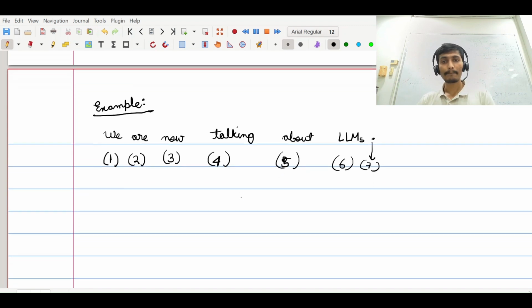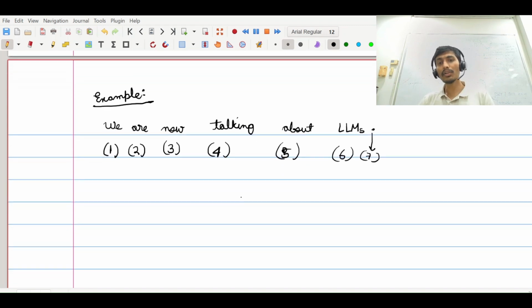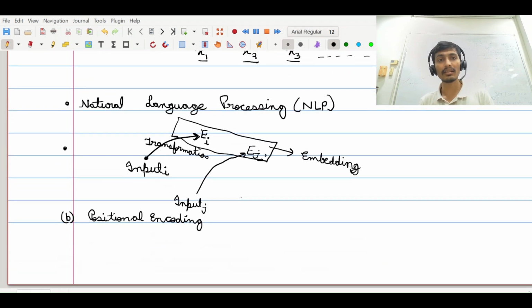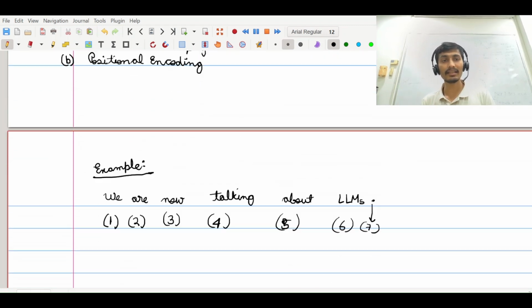We want to encode this particular information, where a particular token here, which we have taken to be a word, could be a character also, as we said earlier. We want to encode that information into the model so that it takes that into account.